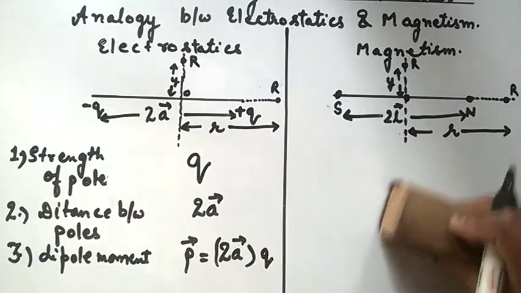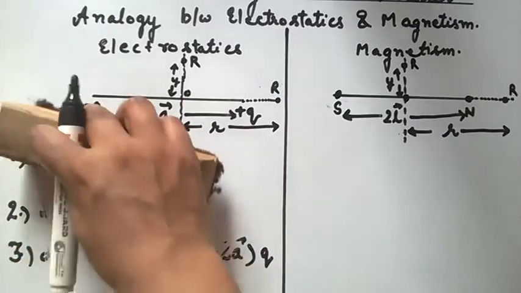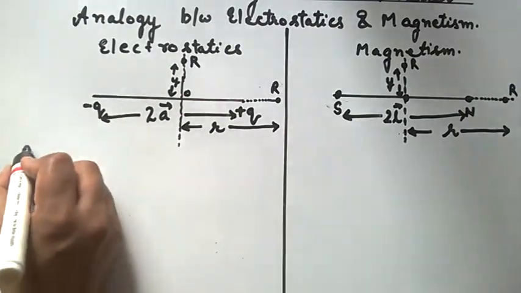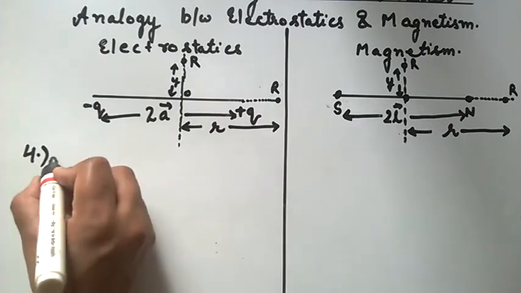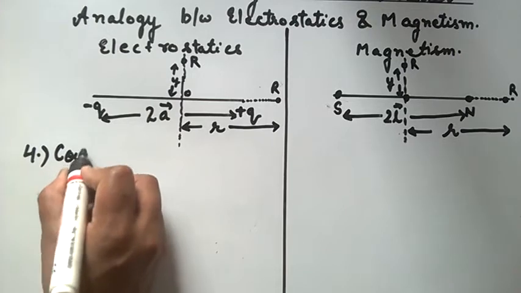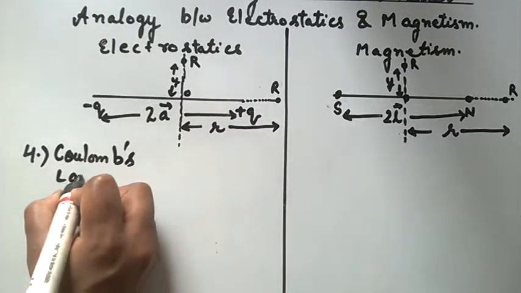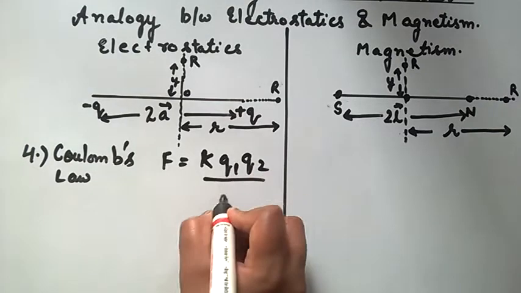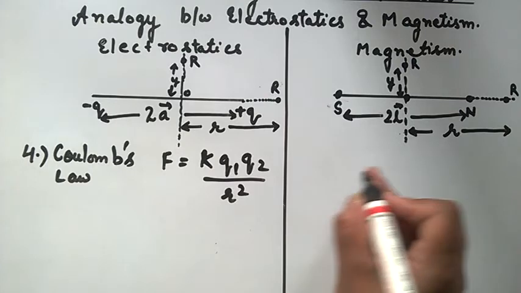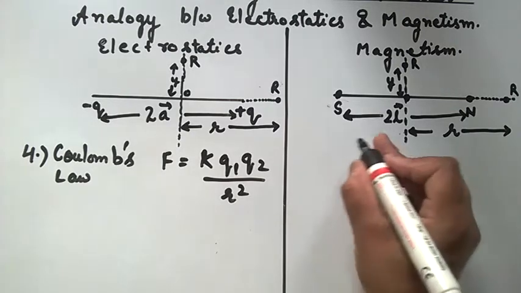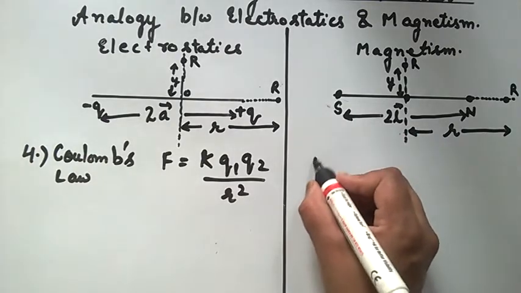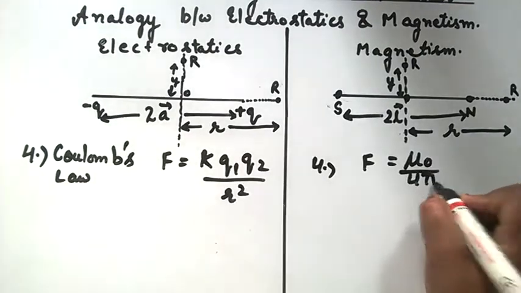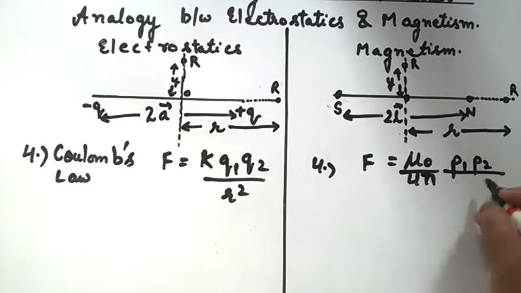Next, if we compare the force according to Coulomb's law, the force experienced by the charges in electric field is given as k q1 q2 by r square, and when we apply Coulomb's law for magnetostatic force on these two poles, it is given as F magnetostatics equal to mu naught by 4 pi product of the pole strengths by r square.